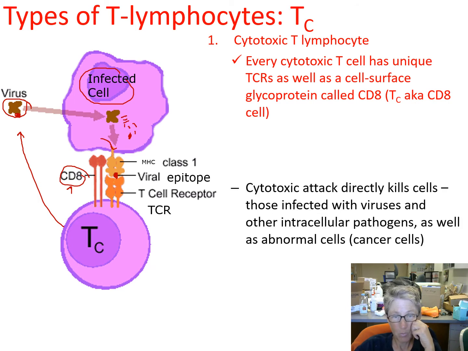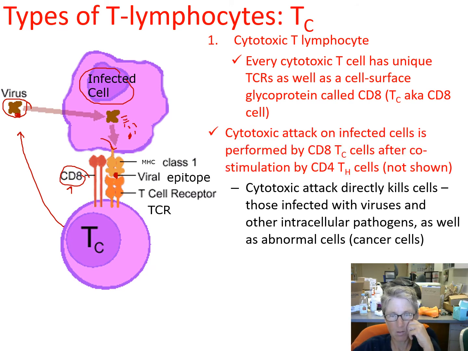Two names for one. Now once that immunological synapse is formed between the T cell receptor and the viral epitope in MHC class 1, then the cytotoxic T cell can kill the infected cell. It can also kill cancer cells like this too.